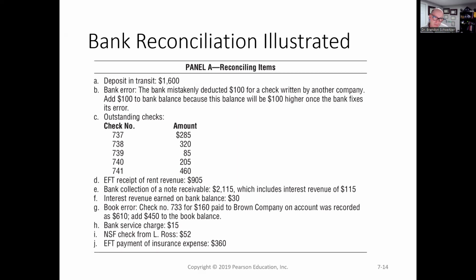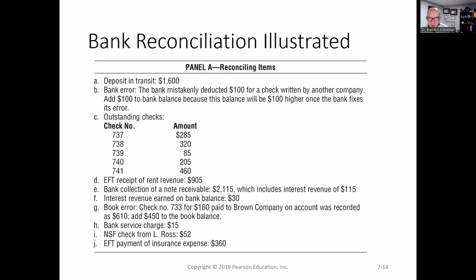We have an electronic funds transfer receipt for rent revenue of 905 that hasn't been entered in our accounting information system yet. We have a collection of a note receivable with some interest revenue. We have interest revenue. We have an error in our accounting information system.